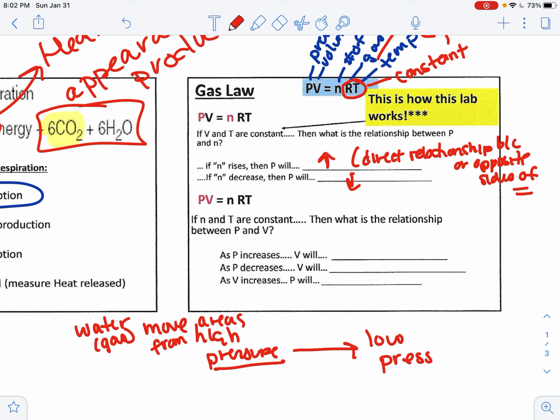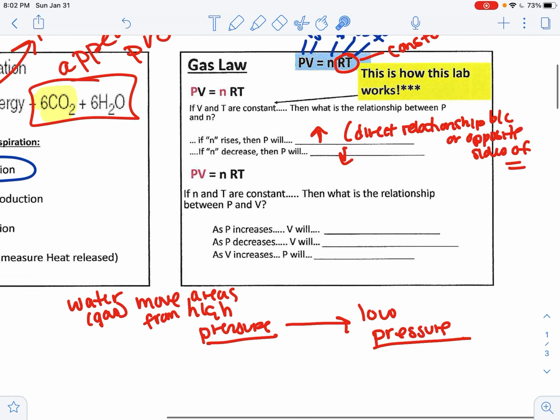So the pressure is really what we're seeing here. Whatever affects pressure, if pressure decreases, water's going to move in. As oxygen gets used up and N goes down in that respirometer, the pressure will go down and water will move in. If temperature were to fluctuate, that's also going to affect the pressure, and so we have to have a control group that will measure that.